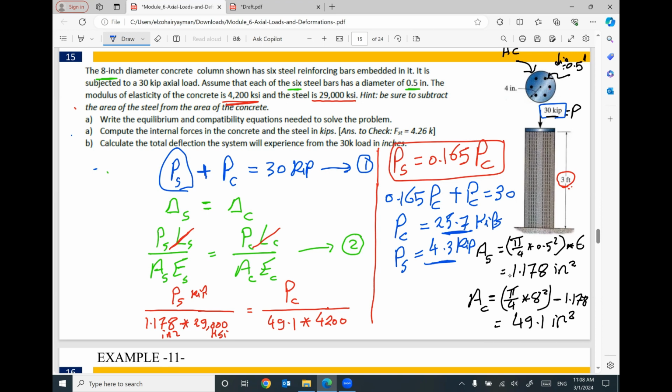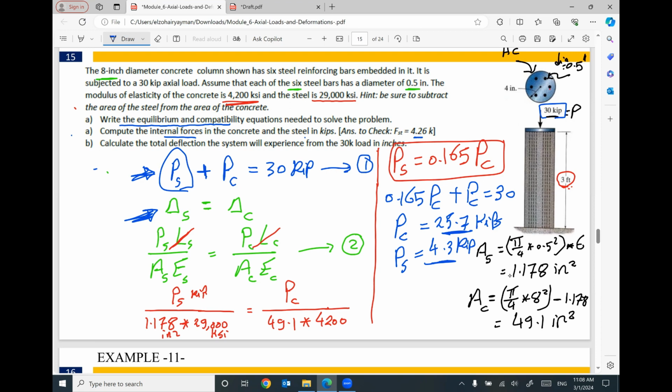The remaining part, 4.3 kip, will be supported by steel. So I wrote the equilibrium and the compatibility equation. This is the equilibrium, summation of F equals 0. This is the compatibility. I found the internal forces in the concrete and in steel. This is just a check. In kip, the part supported by concrete equals 25.7, and the part supported by steel is 4.3.